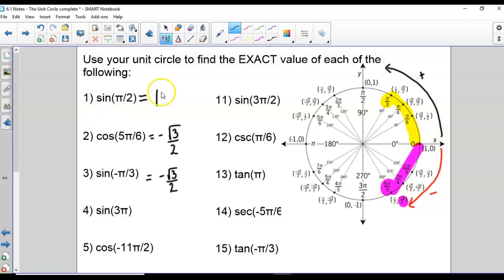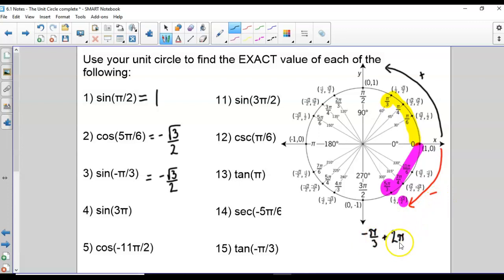The other way that you can do that, and I don't usually use this for simple ones like negative pi over 3, but I do sometimes use it if it's really crazy big ones and I'm not sure where it ends up. What is a full rotation on the unit circle in radians? 2 pi. So if I take negative pi over 3 and do a full rotation, I'll end up back at the same spot, right?